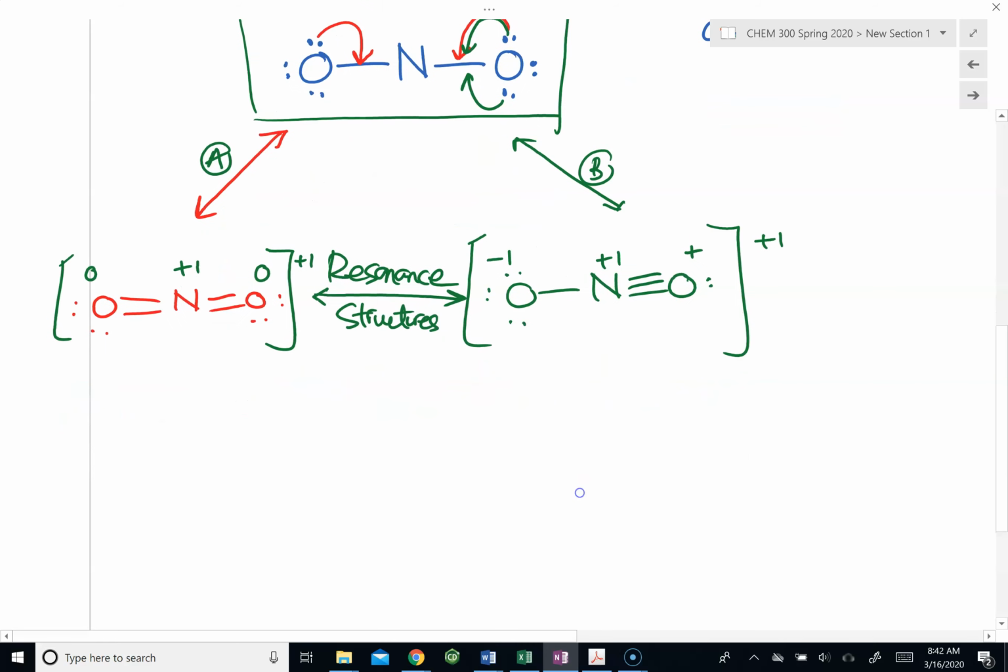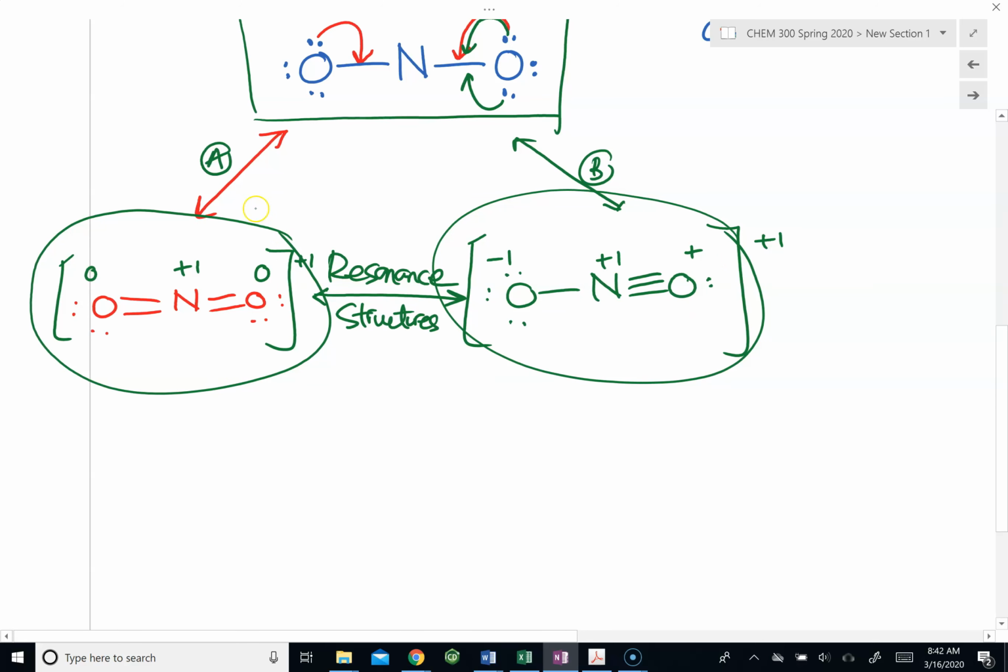So here, these are the two possible ways giving rise to these two resonance structures. It is not in the scope of this class to determine which of these two resonance structures would be more stable. But later on, as you move on to more chemistry classes, you will learn how to assess which resonance structure would be more stable.